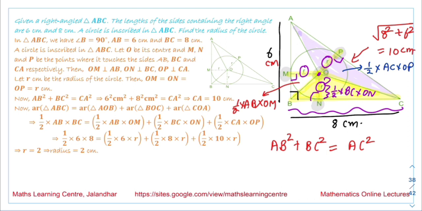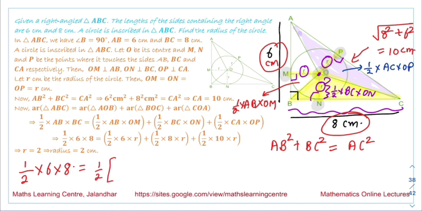Now if we add all these three values, the area of the triangle is equal to half 6 into 8. This side is 6, this side is 8. So the area of triangle ABC is equal to the sum of the areas of all these triangles.